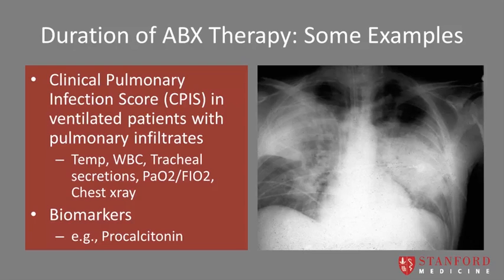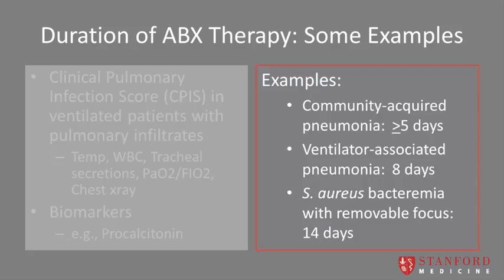Another approach is the use of biomarkers, which might allow one to discontinue antibiotics, and the one that has most widely been evaluated and which seems to have the most promise is the use of procalcitonin levels. There is also empiric data that allows us to decide how long to treat certain types of infections.